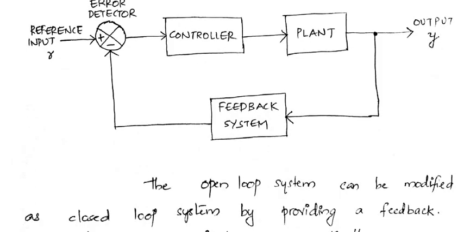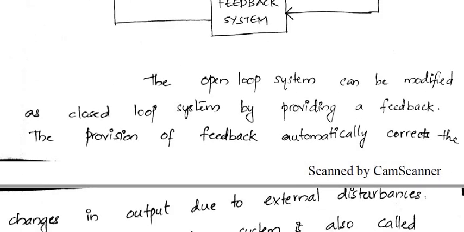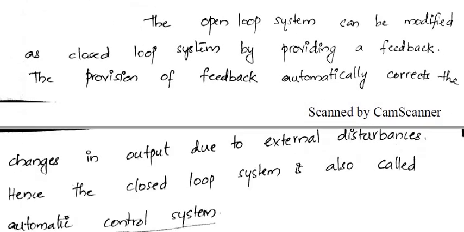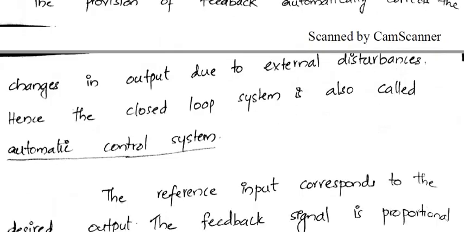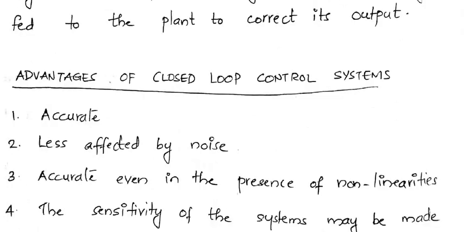So for this system also there are several advantages and disadvantages. The advantages of this kind of system are that they are accurate, because we are doing the automatic corrections in the output. They are accurate, they are less affected by noise, and accurate even in the presence of non-linearities.